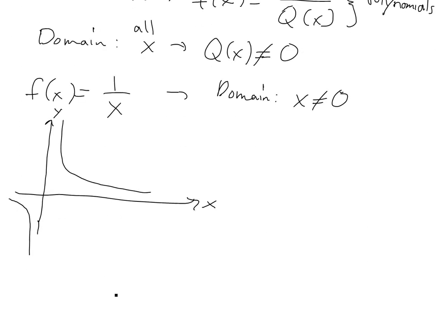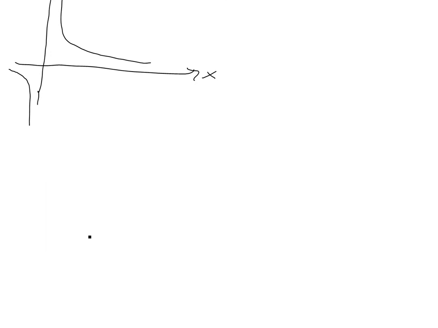Then let's look at a more complex equation. Let's say f of x equals 2x^4 minus x squared plus 1, that's a polynomial on top, divided by x squared minus 4.